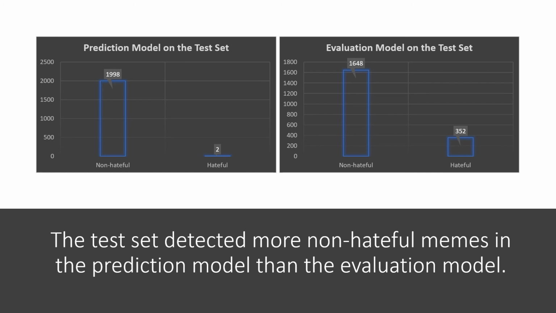However, in the evaluation model, 22% of the 2,000 memes were assigned as hateful. Another insight I found quite peculiar was that although only 2 of the 2,000 memes were hateful in the prediction model, it had a higher percentage of average prediction, 26% to 18%, than the evaluation model.